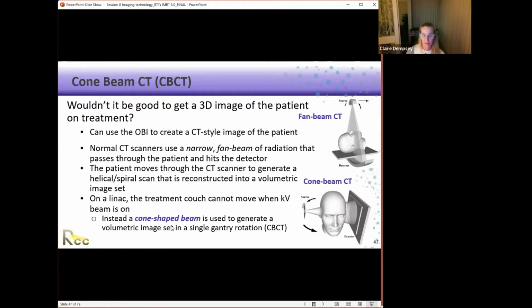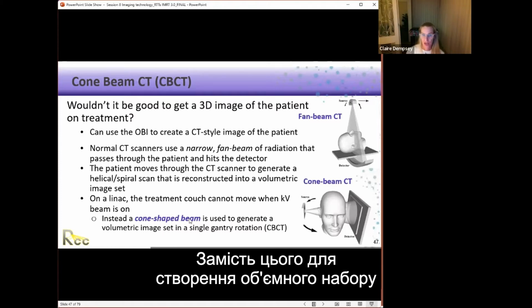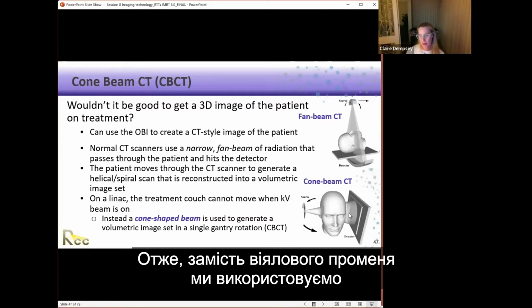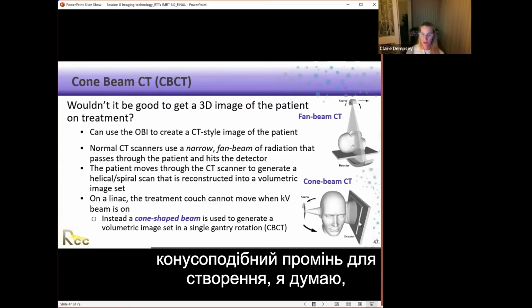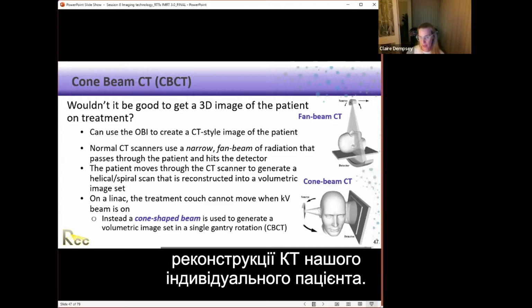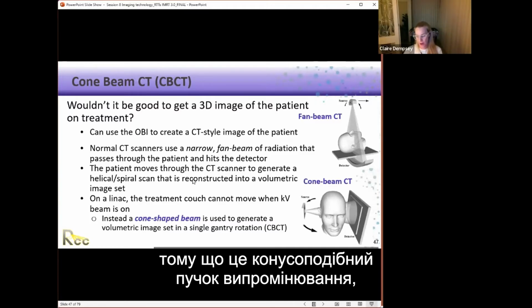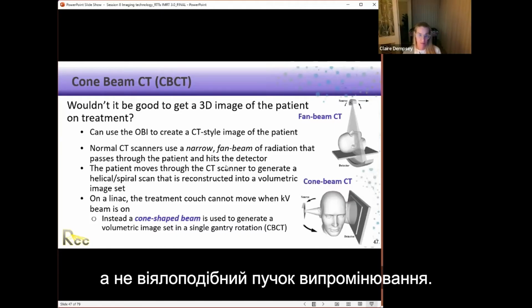A cone-shaped beam is used to generate a volumetric image set. So rather than a fan beam, we use a cone beam to reconstruct a CT of our individual patient. That's why it's called a cone beam CT: it's a cone-shaped radiation beam rather than a fan-shaped radiation beam.